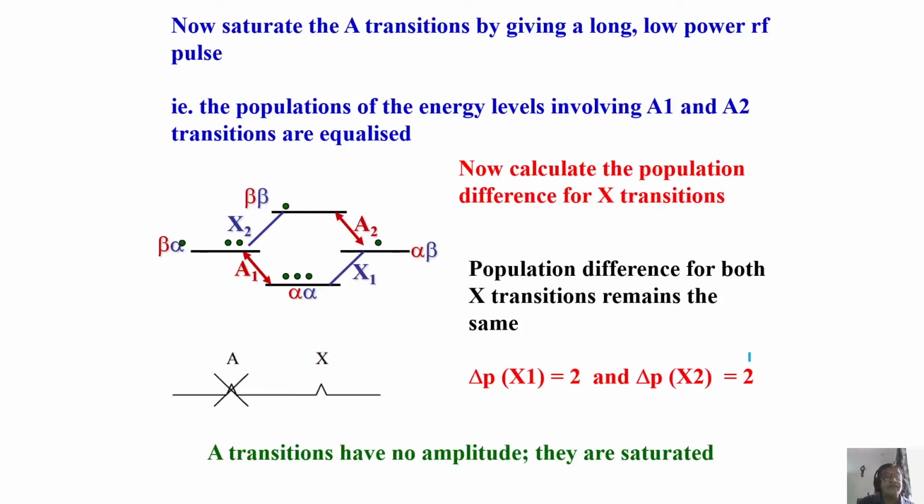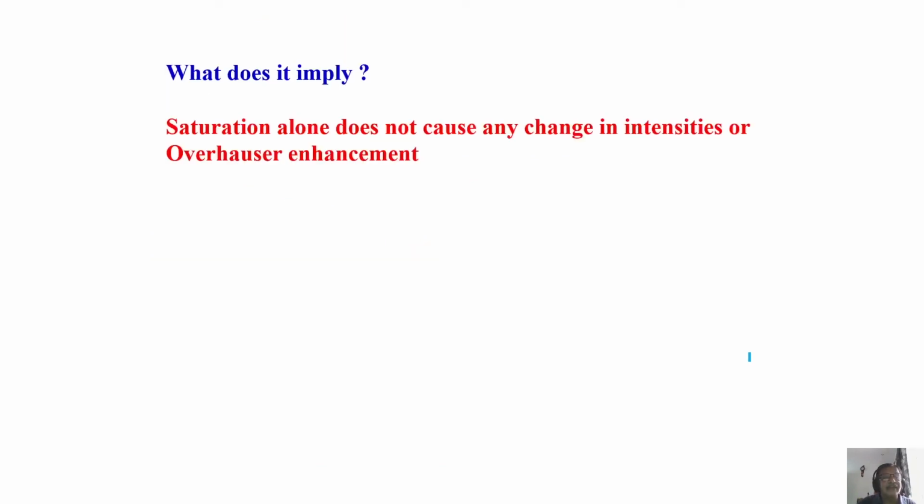So what did you achieve? We did not achieve anything. Just because you saturate one of the transitions, you did not get any change in the intensity at all. The intensity remains the same. So saturation does not mean there is a change in the intensity or an Overhauser effect. You did not get enhancement or decrease in the intensity, none of them.